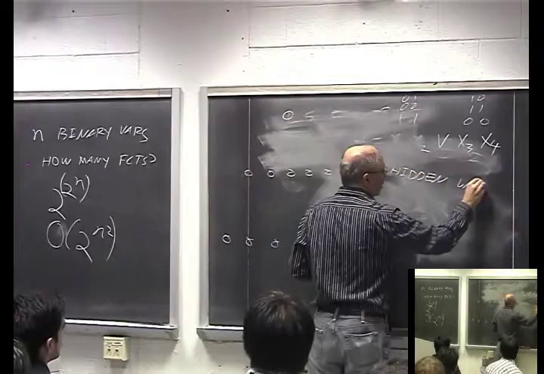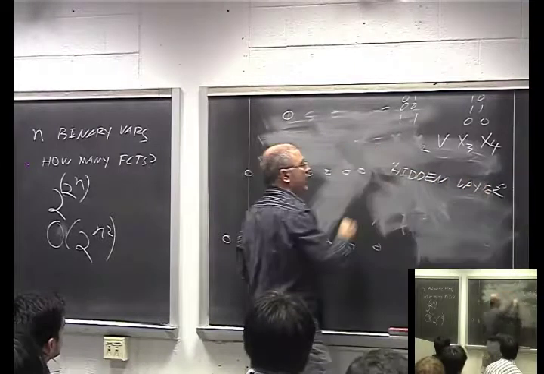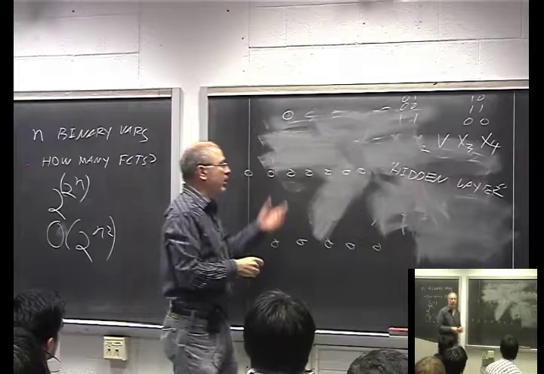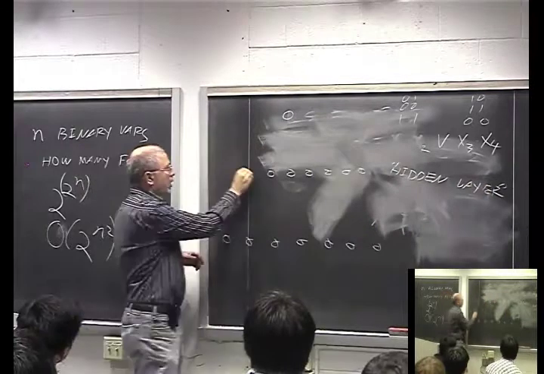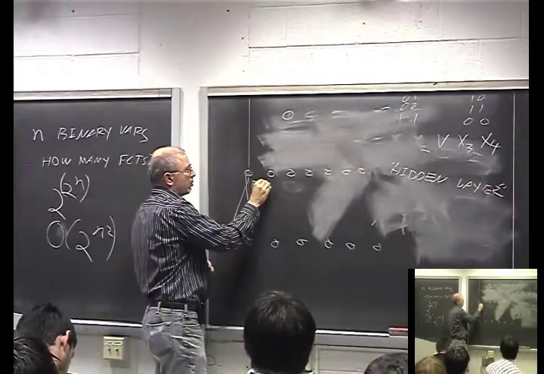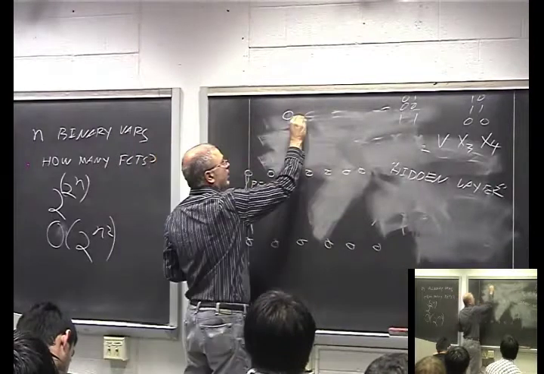This is a hidden layer. Don't worry about it being called hidden now, just call it the intermediate layer. This is the input, this is the output. Each of these represents a perceptron, and so does this one.